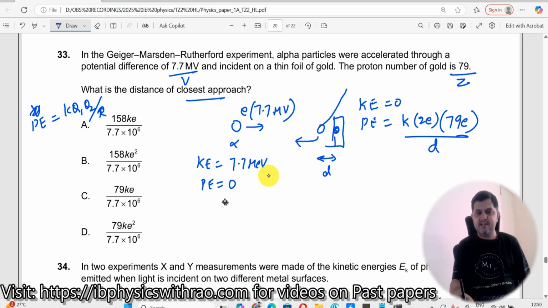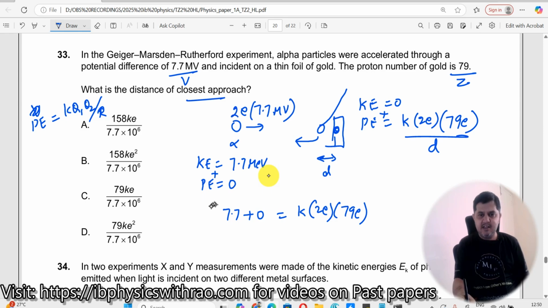So what is conservation of energy? This energy sum is equal to this energy sum. That's what I'm going to do. This is your direct derivation of the distance of closest approach in the GM experiment. So I will write this as 7.7 plus 0 is equal to K into 2e into 79e, sorry, this is 2e, not e.